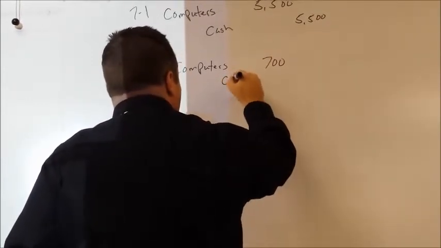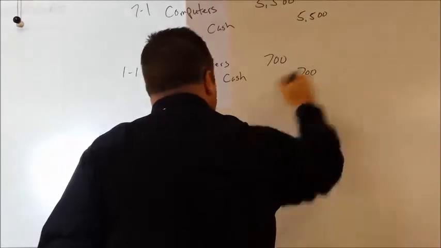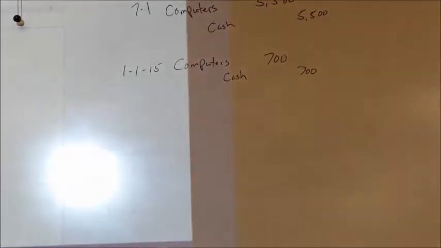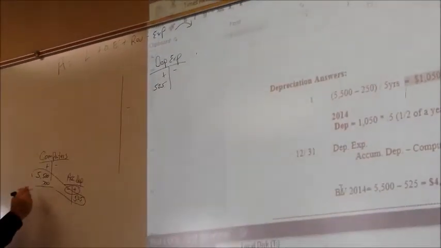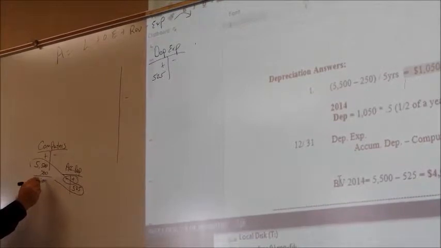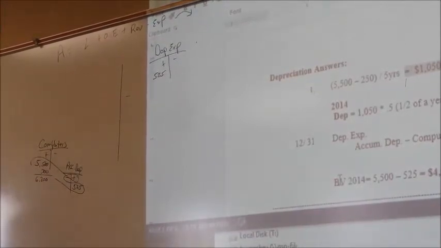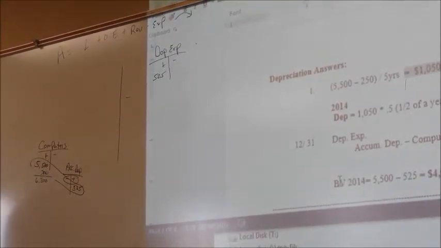Yeah, 700. I'm adding 700 to the actual cost of my computers, because that's a major component of a computer. It's not like replacing the M key on the keyboard.